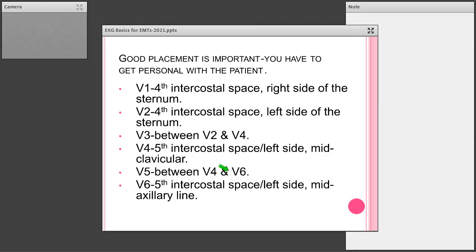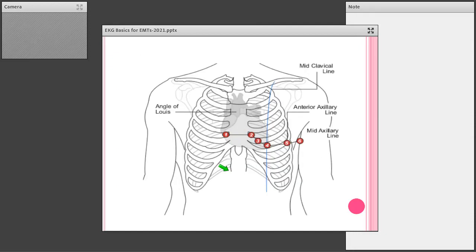V4 is in the mid-clavicular line, so the middle of the clavicle, down to the fifth intercostal space. I'm going to skip V5. V6 is in the mid-axillary line, so on the side of them, kind of in the armpit area, in the fifth intercostal space. And then V5 is going to go between 4 and 6. So here's a picture of where they go, with my pointer.